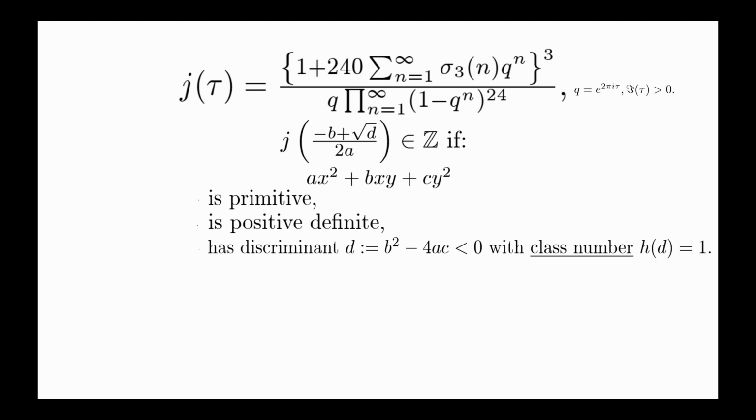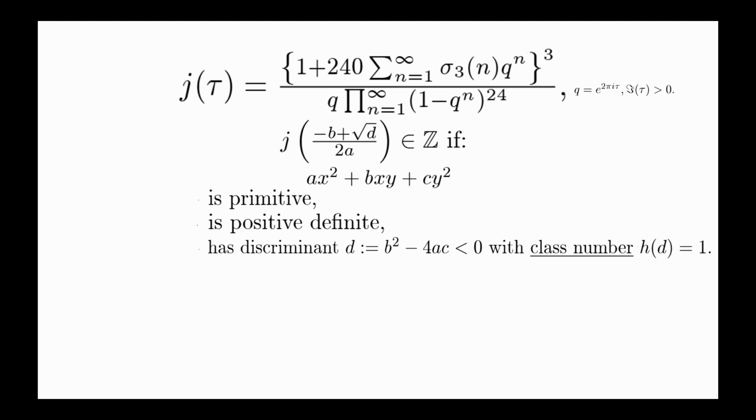And later on, we are going to explain what the class number is. But let's just note for now that when these conditions are met, the j function evaluated at minus b plus the root of the discriminant over 2a is an integer.